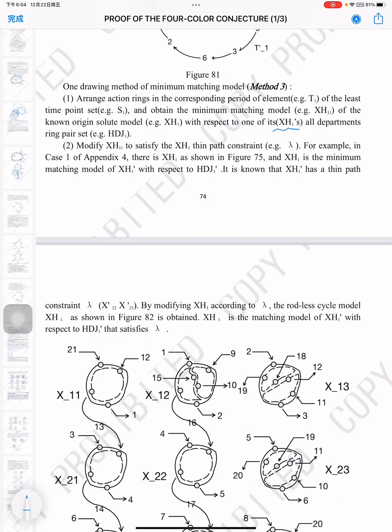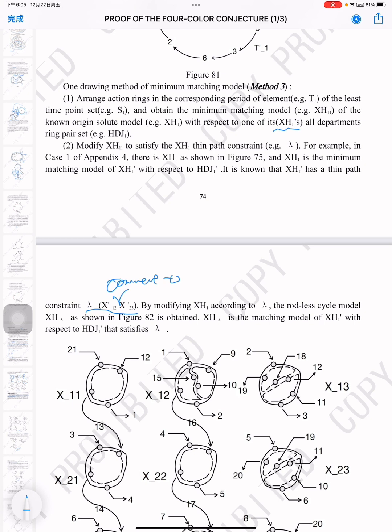For example, in case 1 of appendix 4, there is XH1 as shown in figure 75, and XH1 is the minimum matching model of XH1' with respect to HDG1'. It is known that XH1' has a same path constraint lambda. X'1,2 connected to X'2,3.